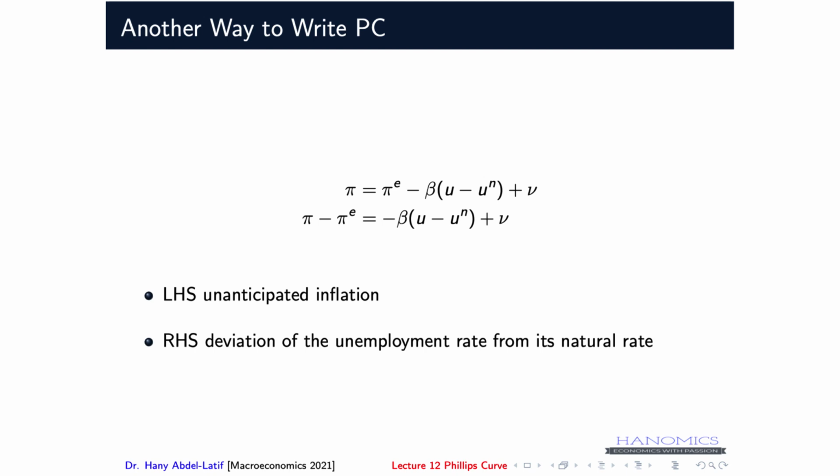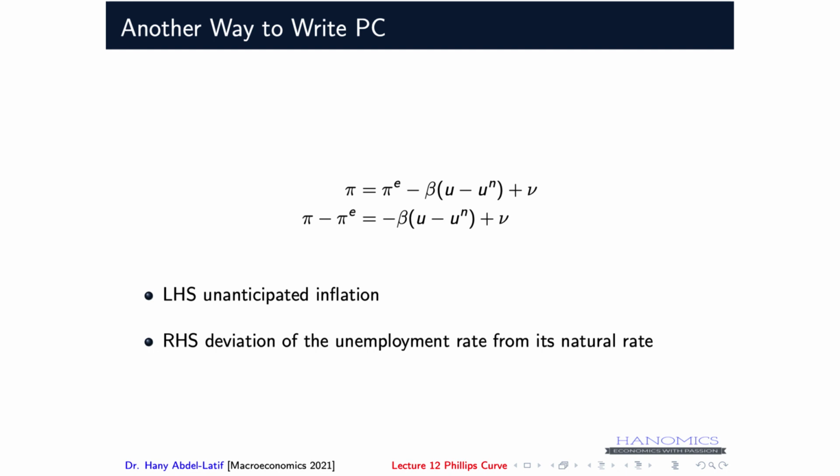So how does rearranging the equation this way give us more insights into the Phillips curve? If we look at the relationship in its new form, after rearranging, it tells us that it is important to think of the relationship between the inflation rate and the cyclical unemployment rate.